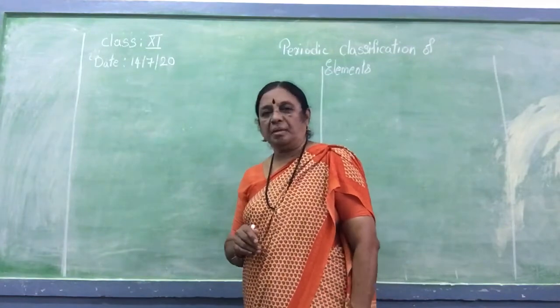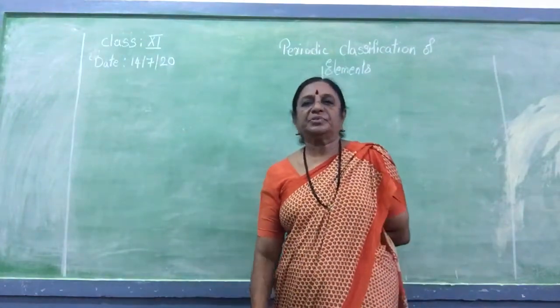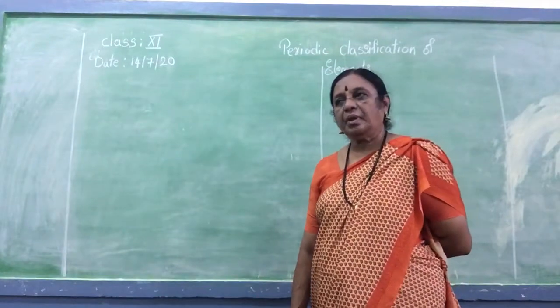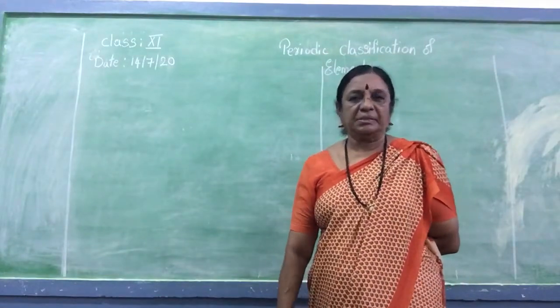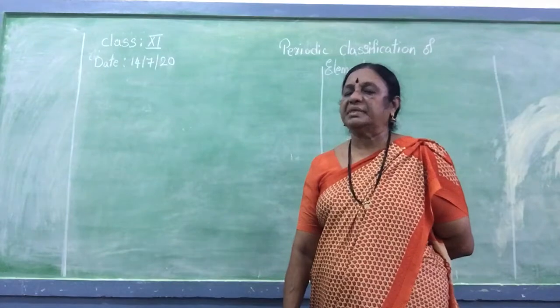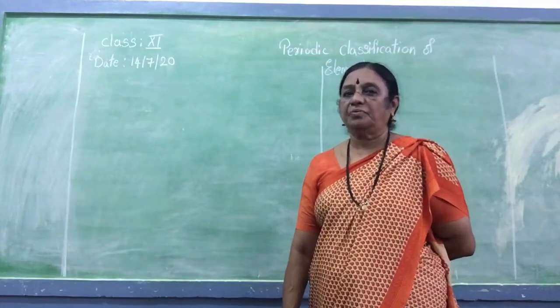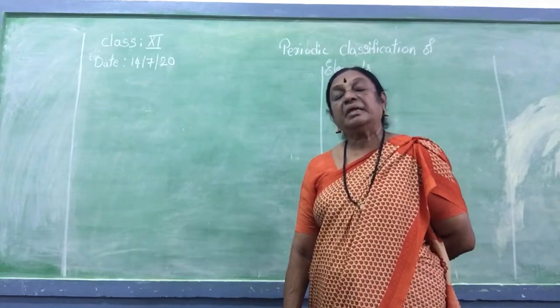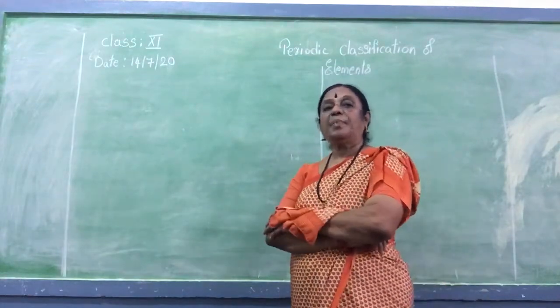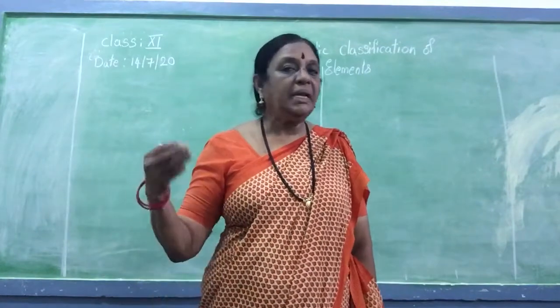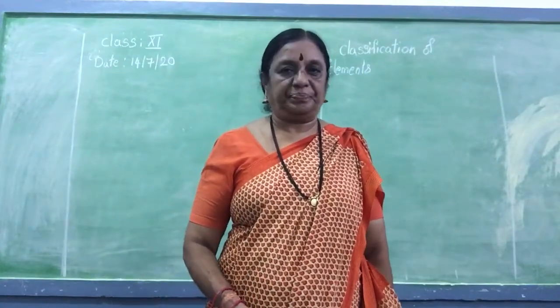Next is organic chemistry. What is organic chemistry? It is chemistry of carbon only. From the rest of the elements, the chemistry of carbon is separated and is kept as a separate branch of chemistry. The reason is carbon itself, it forms million number of compounds.